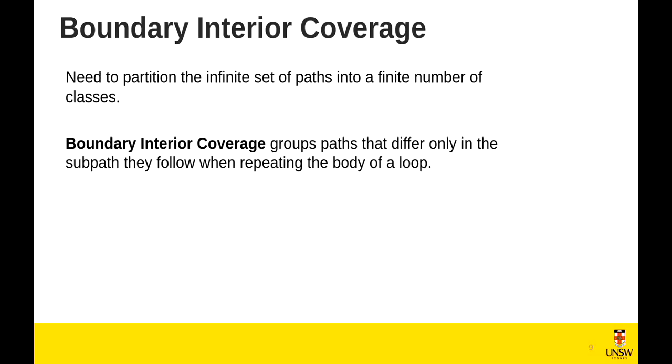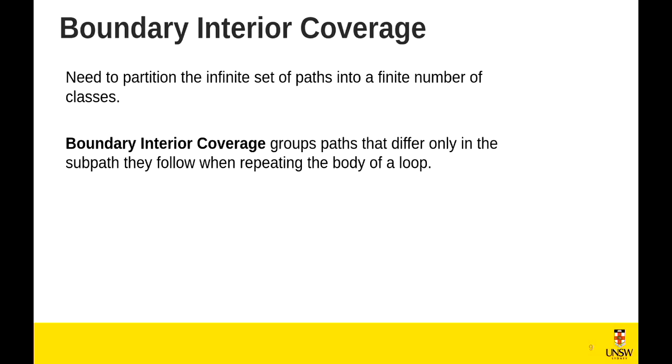Boundary interior coverage groups paths that differ only in the subpaths they follow when repeating the body of loops. Inside the loop there are multiple different branches, and in boundary interior coverage we just care about each single subpath of a particular loop.